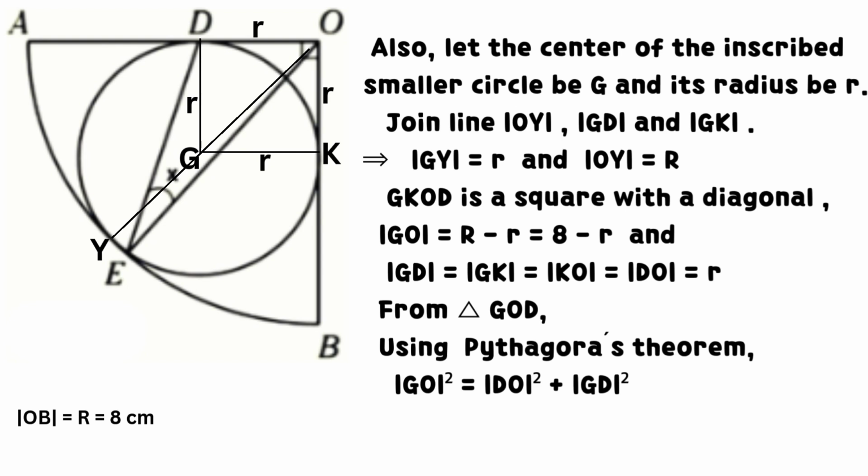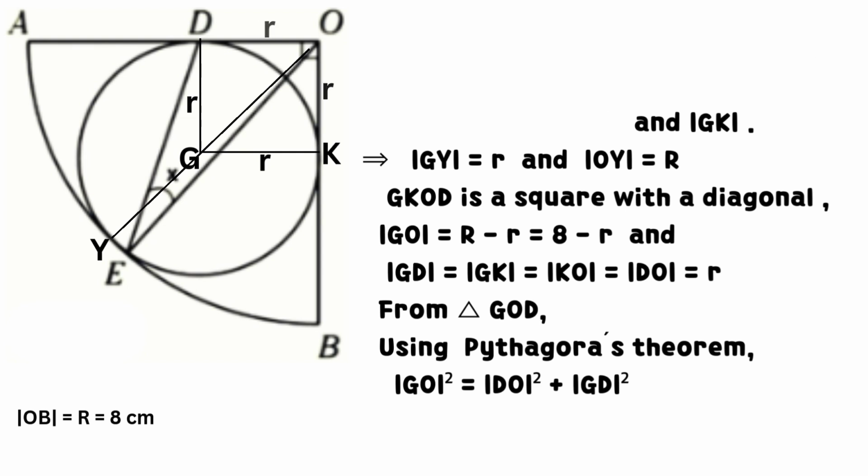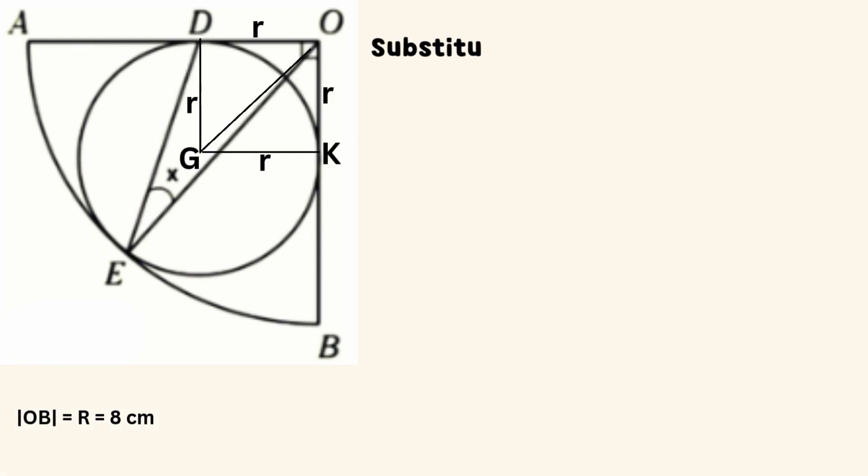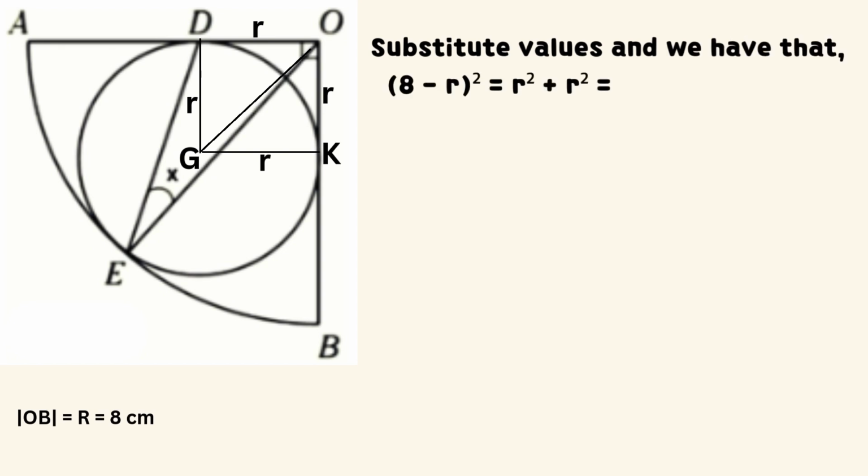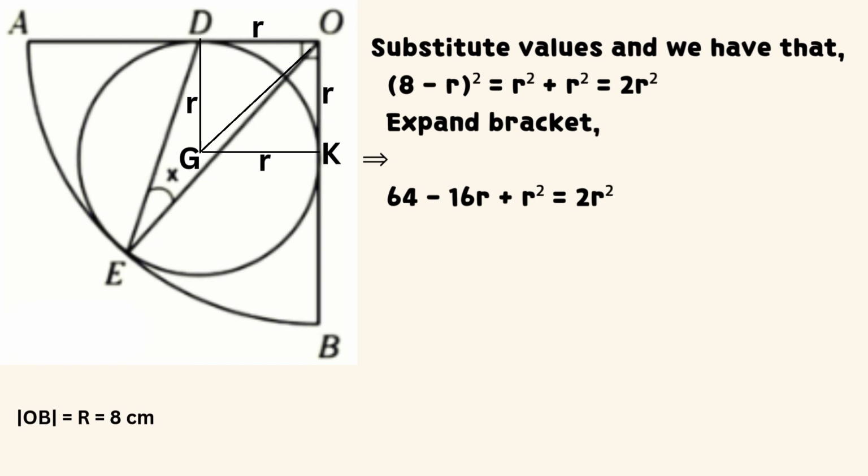From triangle GOD, using Pythagoras' theorem, the square of line GO equals the sum of the square of line DO and the square of line GD. Substitute values and we have that the square of 8 minus small r equals 2 times the square of small r.